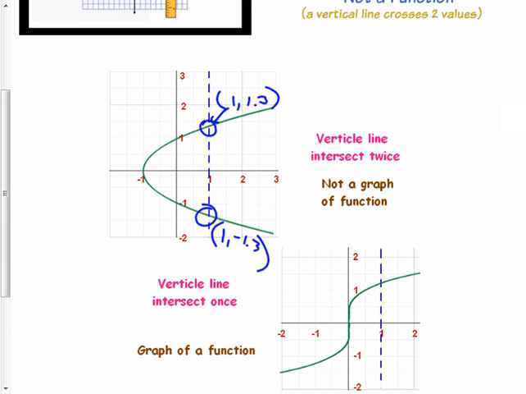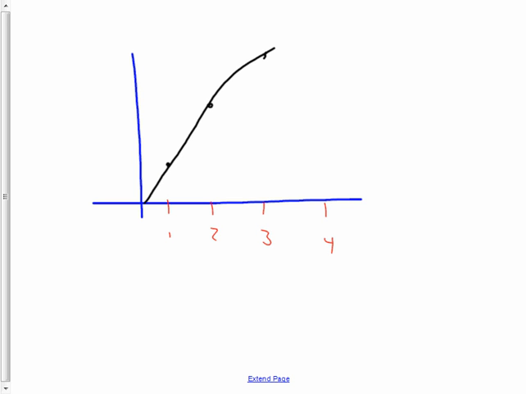Okay? Think of it as like a graph of where you are in time. Let's say this is time 1 second, time 2 seconds, time 3 seconds, time 4 seconds. Where you are in time is a function. Could you be here at second 1, here at second 2, and here at second 3? Yeah, you can be at different places if you're moving, different places, different times.